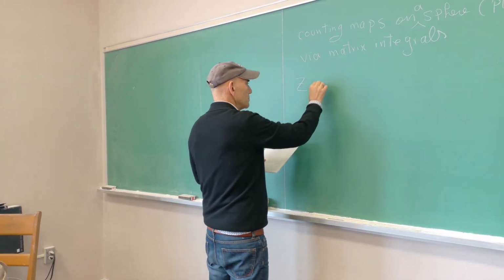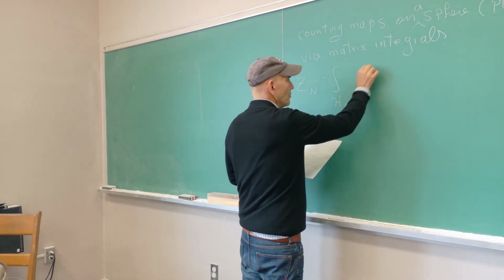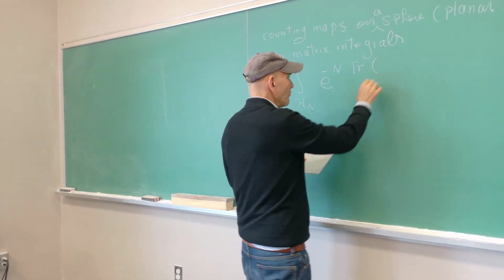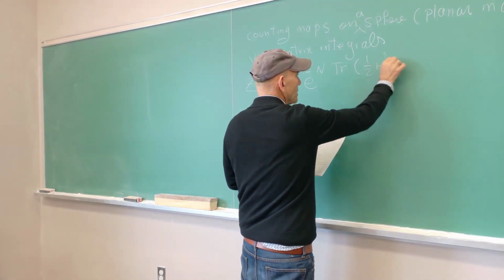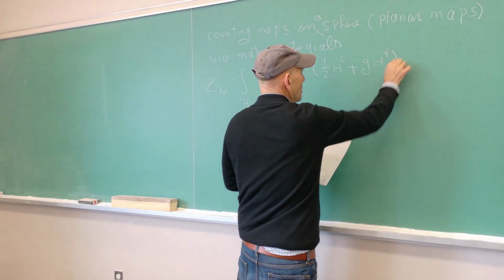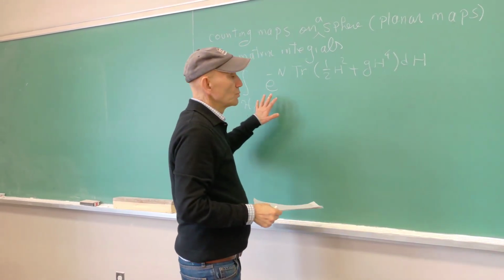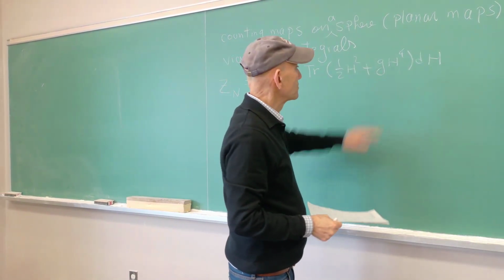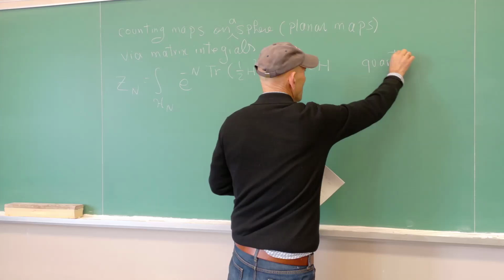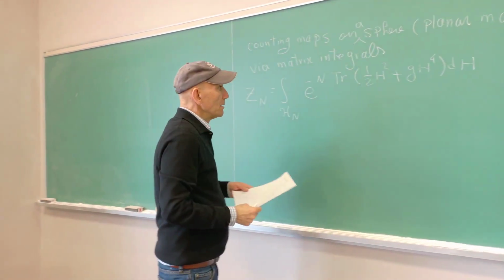Let Zn be equal to the integral over Hn of exponential minus n times 1/2 h squared plus g h^4, dh. So this is a quartic matrix integral.